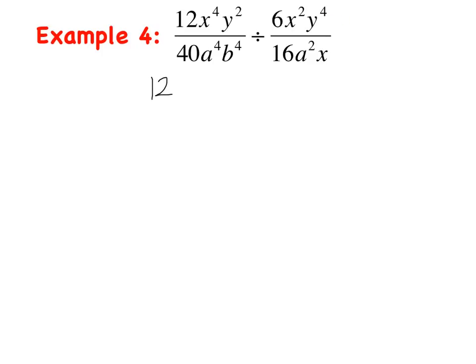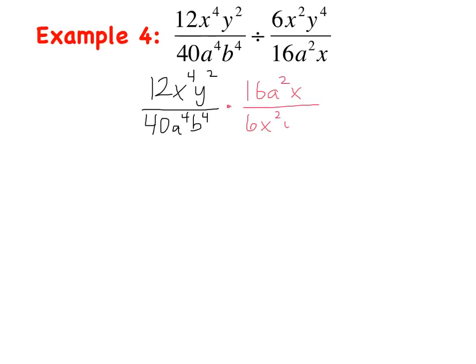So we still have 12 x to the fourth y squared over 40 a to the fourth b to the fourth. Now it's going to change to multiply by the reciprocal. 16 a squared x over 6 x squared y to the fourth.